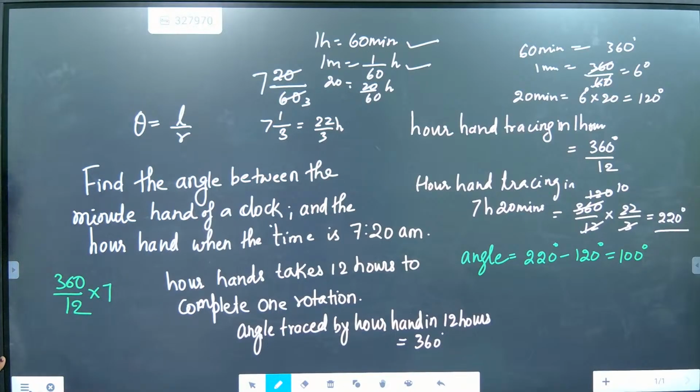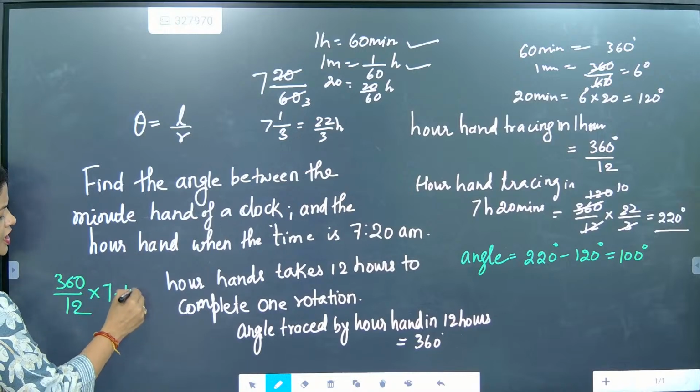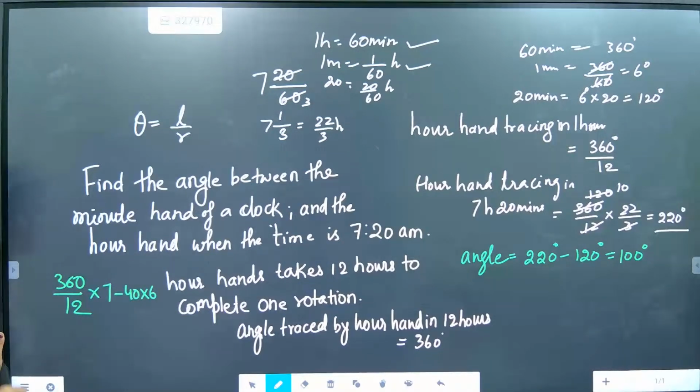For minutes, if they have given 40 minutes, minus 40 into 6 degrees. So the shortest way is hour hand 30 degrees into 7, minus 40 into 6. So for hours, 1 hour is 30 degrees. For minutes, 1 minute is 6 degrees.